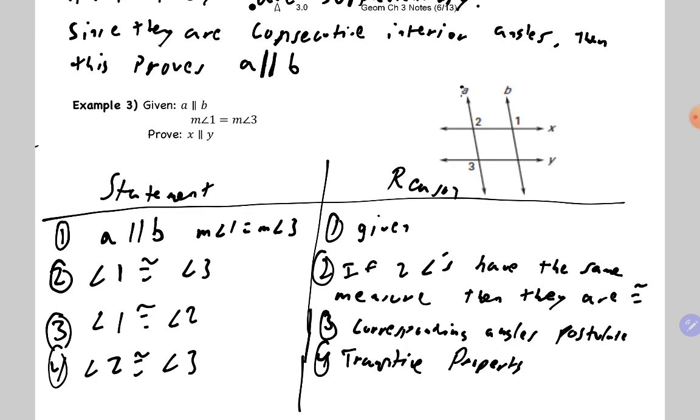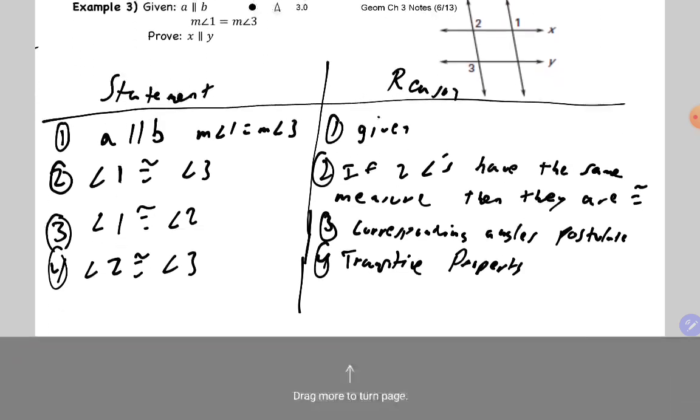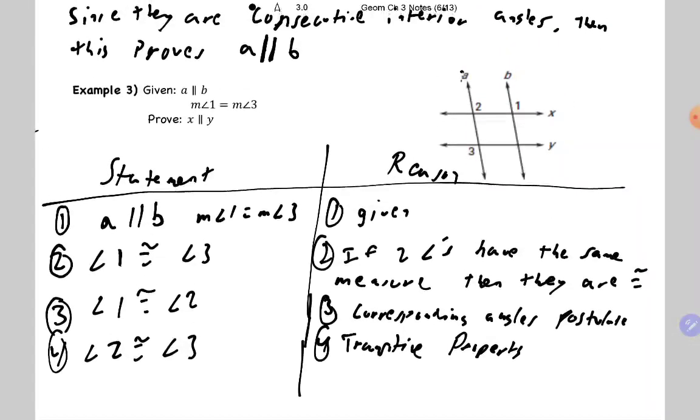If angle 3 is congruent to angle 1 and angle 1 is congruent to angle 2, then angle 3 is congruent to angle 2. So transitive property. Or you can say if two angles are congruent to the same angle, then they are congruent.